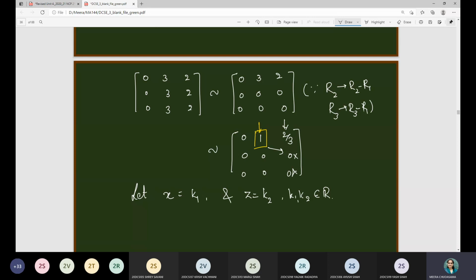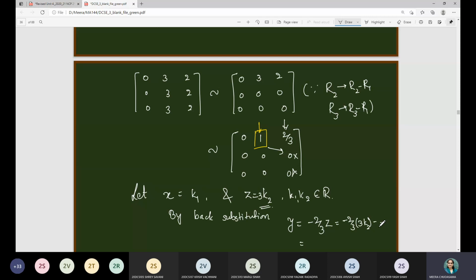So in this case, I can write by back substitution. जो फर्स्ट इक्वेशन है वो क्या मिलेगा? y is equal to -2/3 z and again to avoid the fraction I will choose z as 3k2. So in that case this is nothing but -2/3 times 3k2.